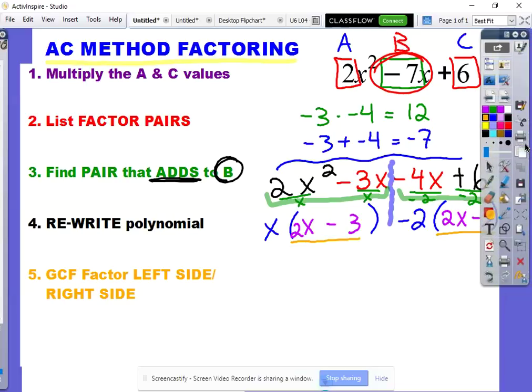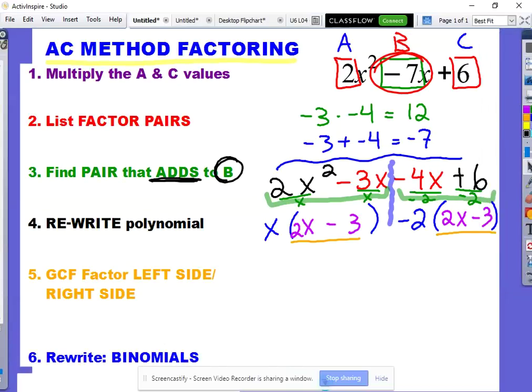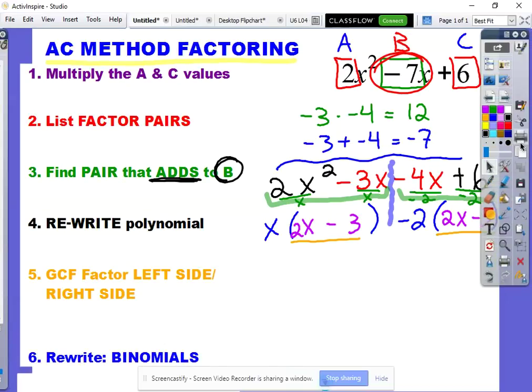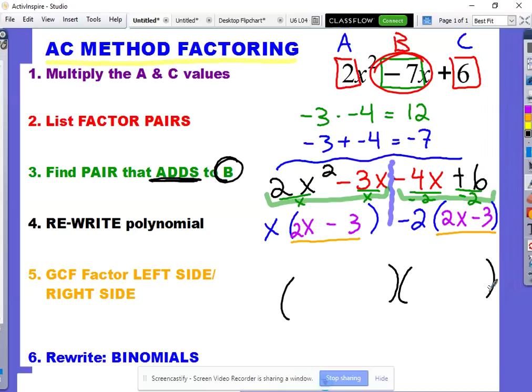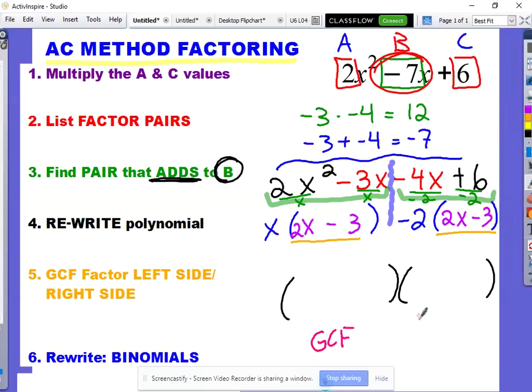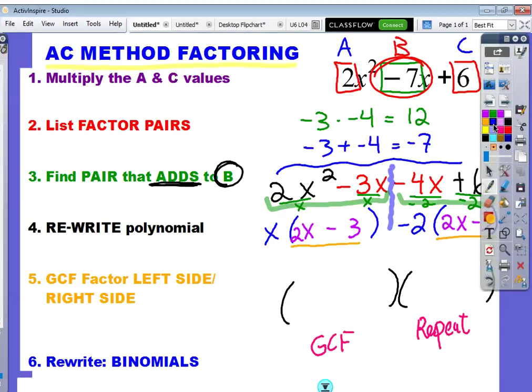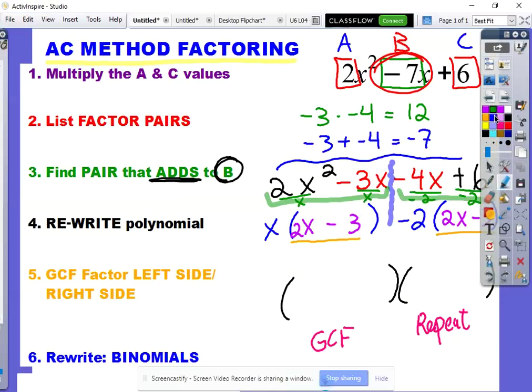That's intentional. All right, our last step is to now rewrite the binomials. And here's how we write our binomials. Our binomials come from the GCFs and from the repeat binomial. So this is the binomial, I call this the GCF binomial, and I call this the repeat binomial. So the GCF binomial is comprised of your two GCFs, your first GCF here and your second GCF.